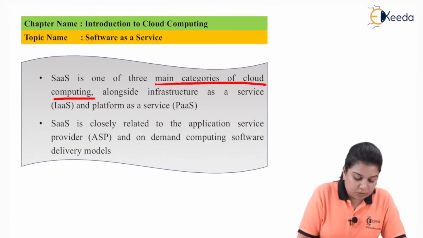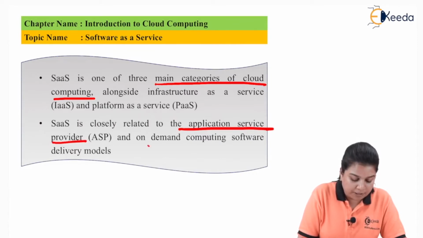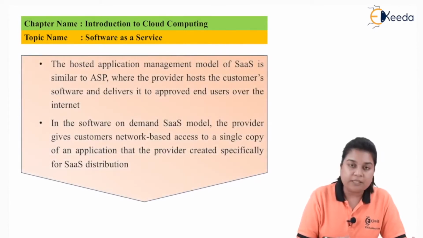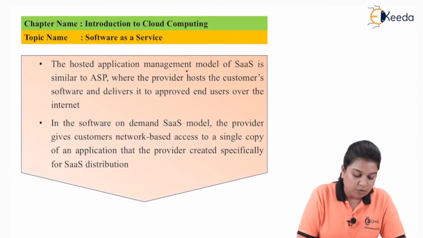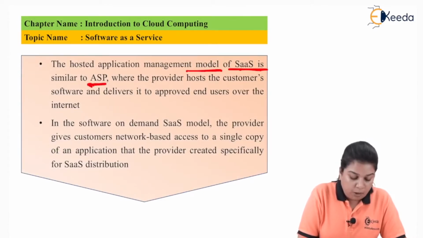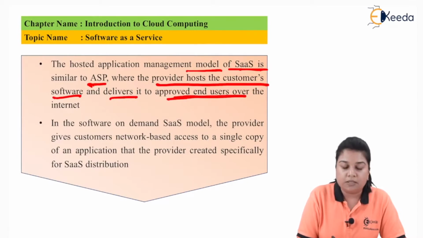It is closely related to application service provider, ASP, and on-demand computing software delivery models. The hosted application management model of software as a service is similar to ASP, where the provider hosts the customer software and delivers it to approved end users over the internet.